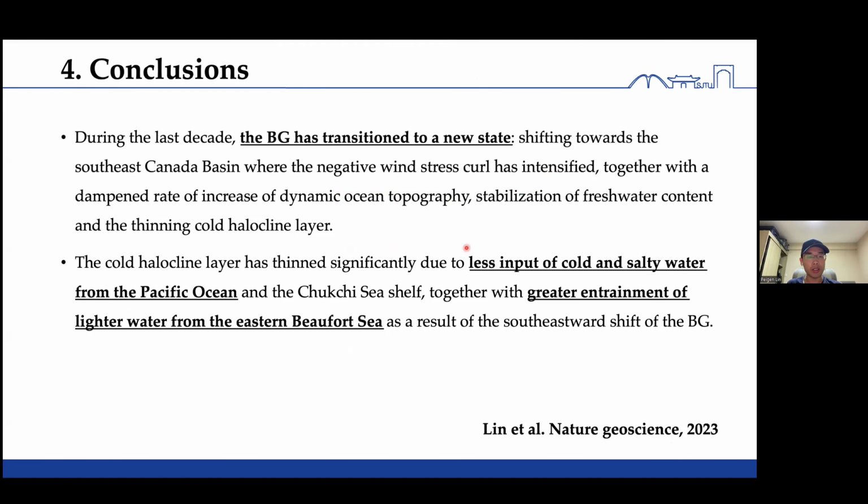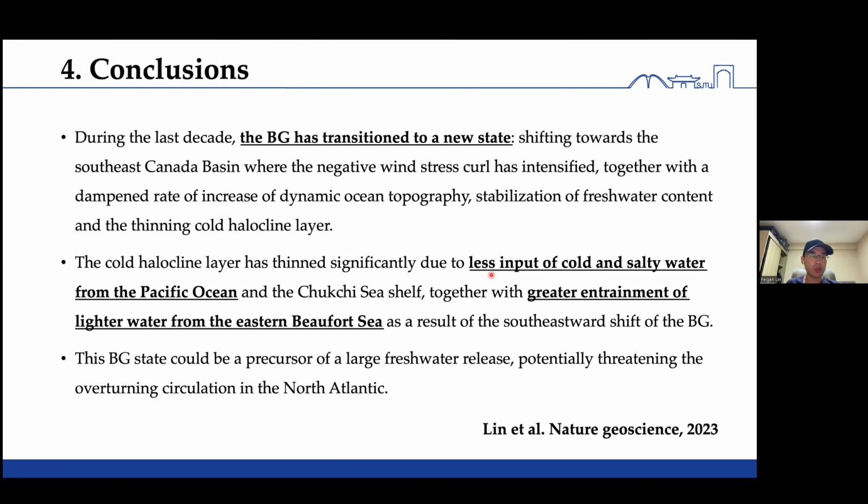The cold halocline layer has thinned significantly due to less input of cold and salty water from the Pacific water and Chukchi Sea shelf, together with a greater entrainment of lighter water from the eastern Beaufort Sea, as a result of the southeastward shift of the Beaufort Gyre.